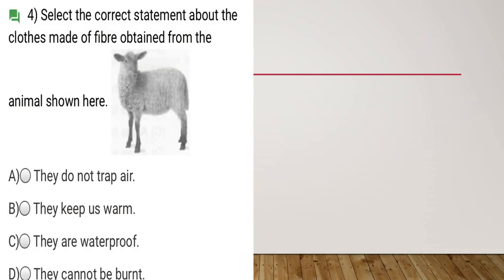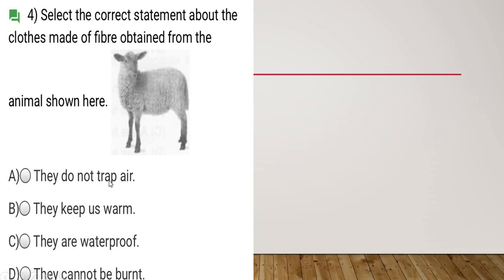Moving on to the 16th question, though it is written 4 here, it is the 16th question. Now this question is related to cloth. So I will read the question. Select the correct statement about the clothes made of fiber obtained from the animal shown here. So this is a sheep. So which could be the correct option?